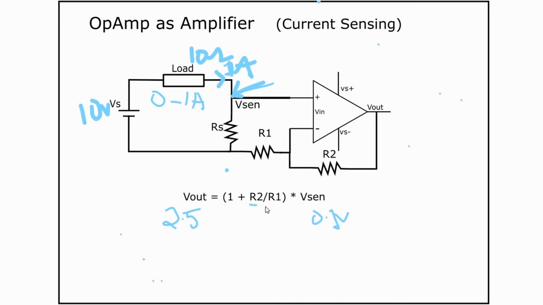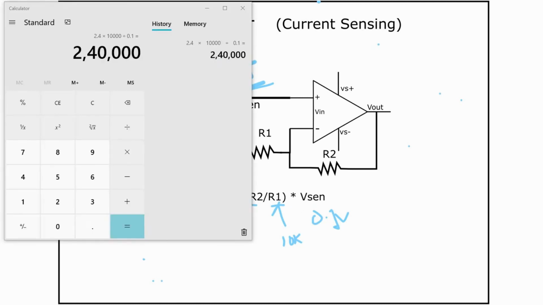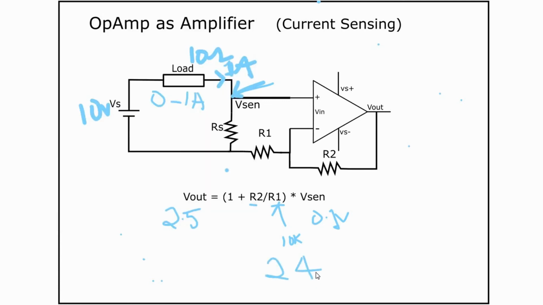So what should be these R2 and R1 values? Let's fix one of these values. I'll assume R1 is 10k. Now I have to find R2. Let me solve this equation. If you solve this equation, you will see that you will need 240k for R2 and R1 is 10k. Let's use these values.